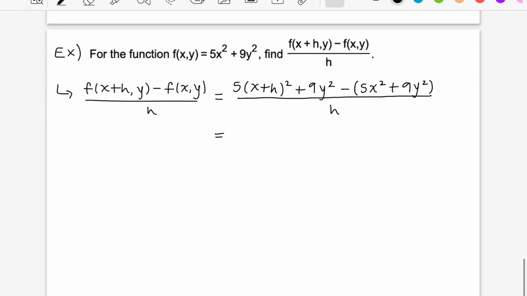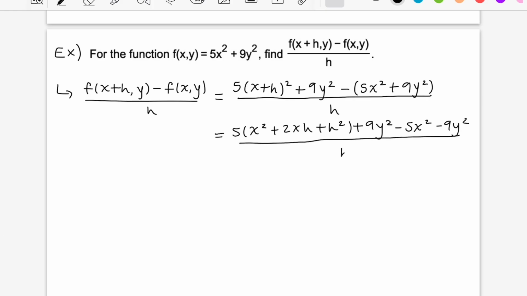All right, so evaluating this here, we'll get 5 times x squared plus 2xh plus h squared. We have a plus 9y squared minus 5x squared minus 9y squared. And this is still all over h. Notice we have a plus 9y squared and a minus 9y squared, so these guys will cancel.